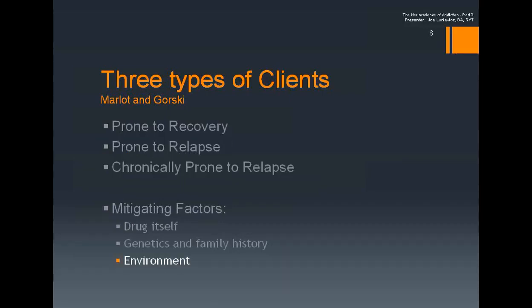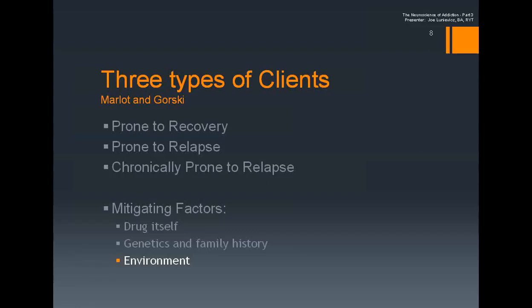You know, someone who's prone to recovery might be someone who's using a drug that has less addictive properties, whose genetic vulnerability is low, right, because there's no family history or limited family history, and the environment might be a very anti-drug use environment, so it would be supportive.